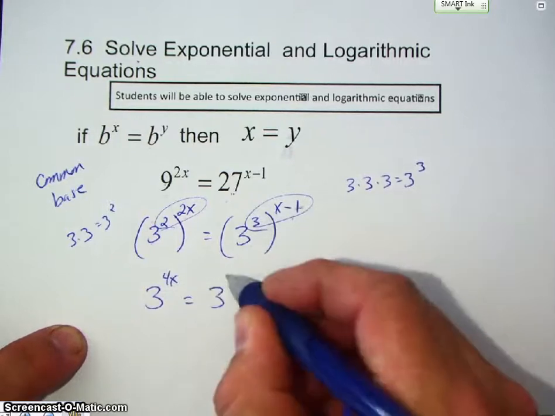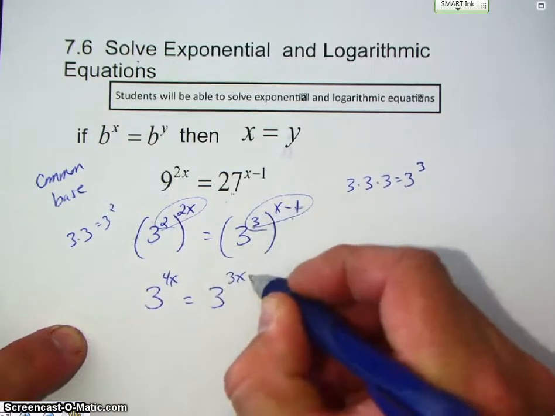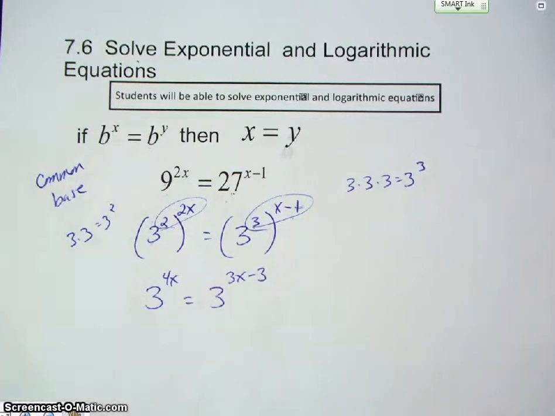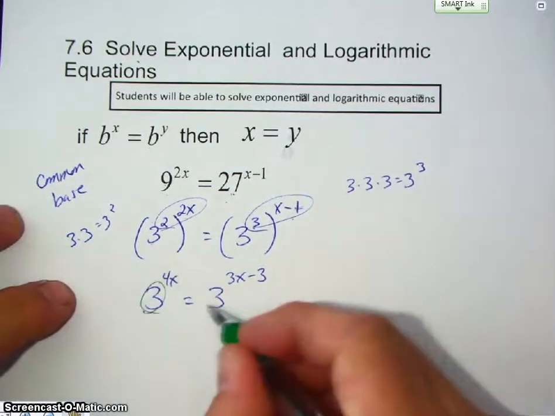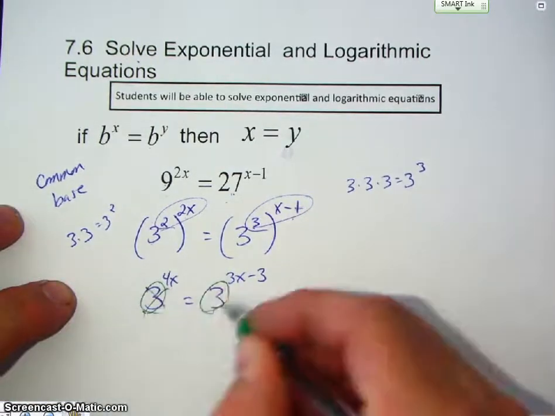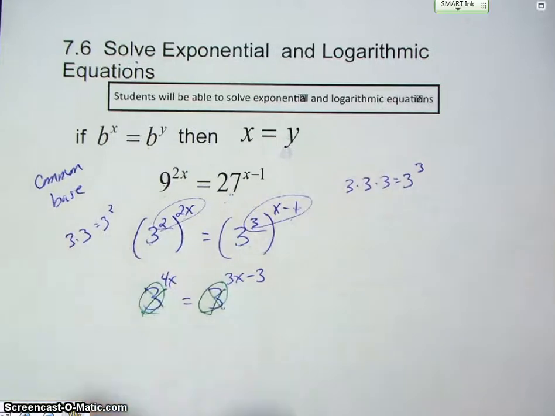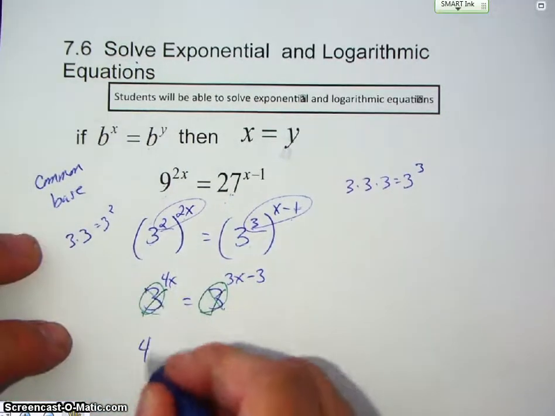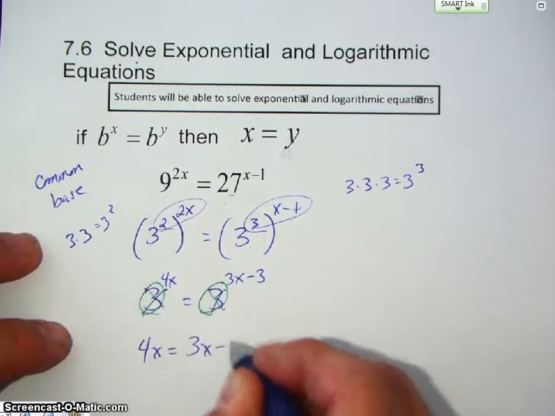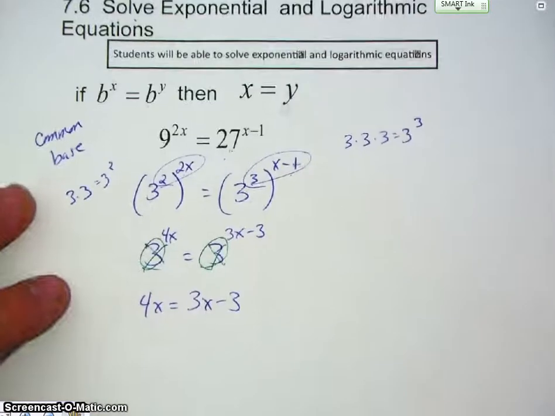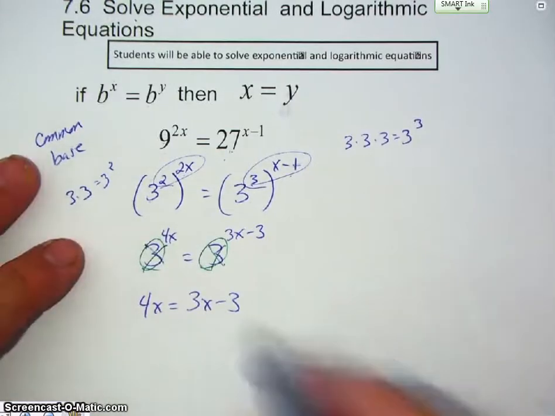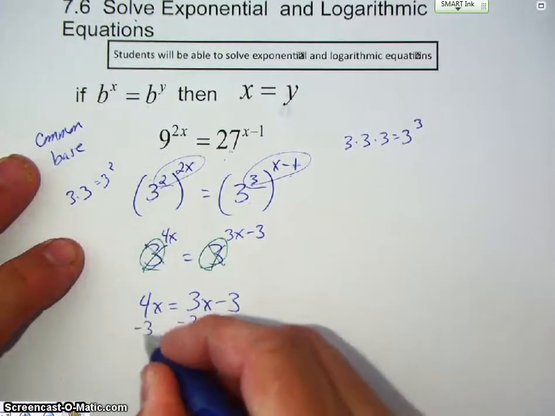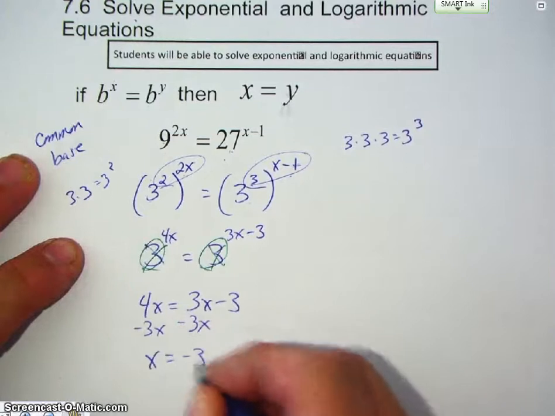So 3 times x is 3x, 3 times -1 is -3. The bases are the same, so I can just drop the bases. So all I have is 4x equals 3x minus 3. This becomes a linear equation, so I'm going to subtract 3x from both sides. So I get x is equal to -3.